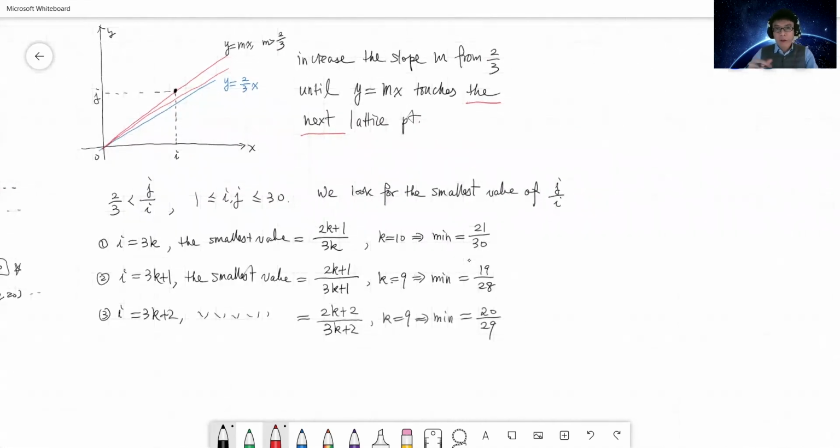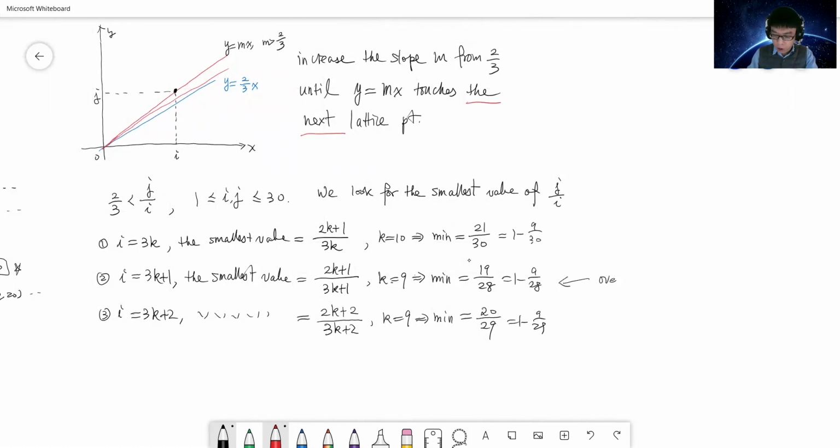So these are the minimum values in different cases. Finally, we take the overall minimum value, and it should be the second one, because it's easy to compare. This is like 1 minus 9 over 30, this is 1 minus 9 over 28, and this is 1 minus 9 over 29. The second one is the smallest.